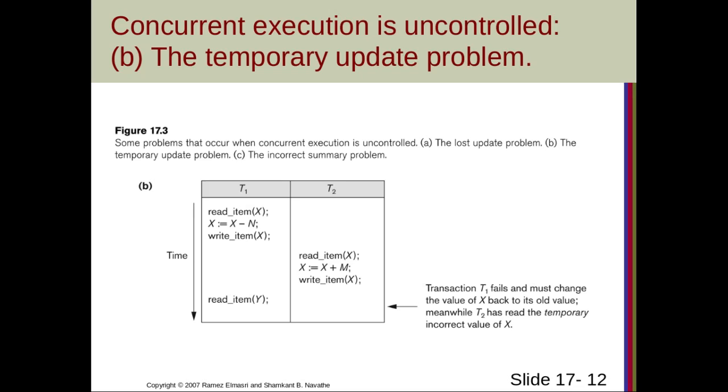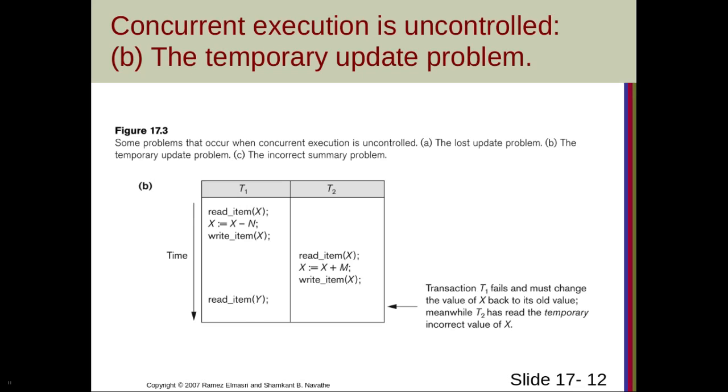Now write item x means now the value of x is 110, but in between, the transaction T1 fails and has to revert back to its earlier consistent state, and in that state the value of x is 100 and the value read by T2 would have been 100, but instead it has read a dirty value. That is called the temporary update problem.